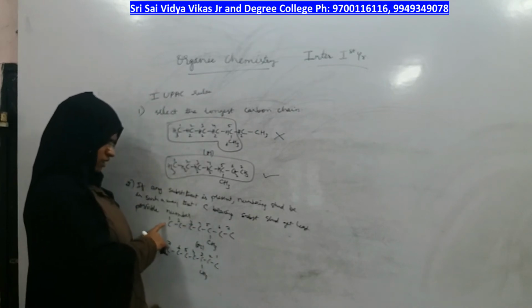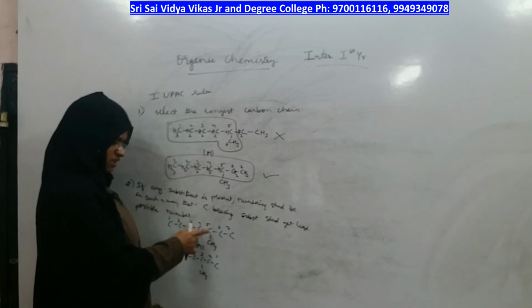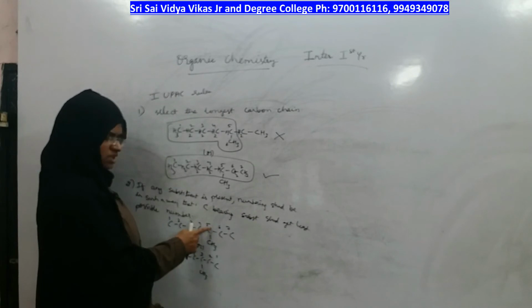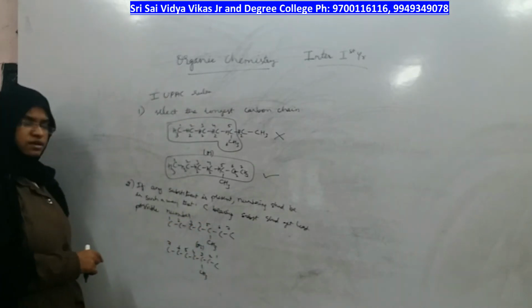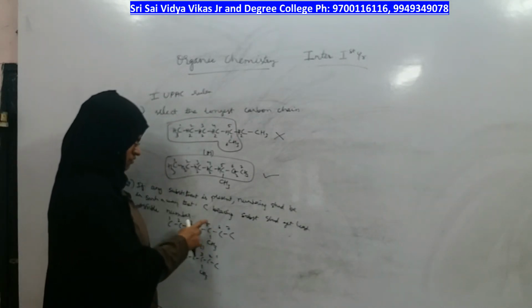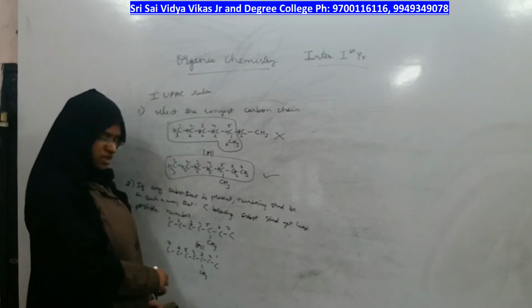If I give numbering from the left side, the carbon bearing a substituent is this carbon, right? So on this carbon, you should try to get the least possible number. Here the number which you are getting is 5, but here the number which you are getting is 3. Which number is the least number? 3.